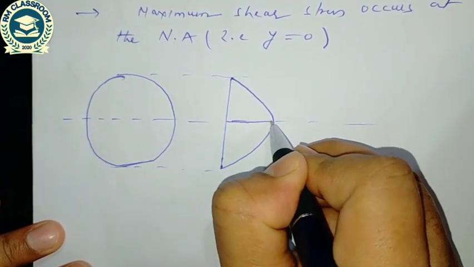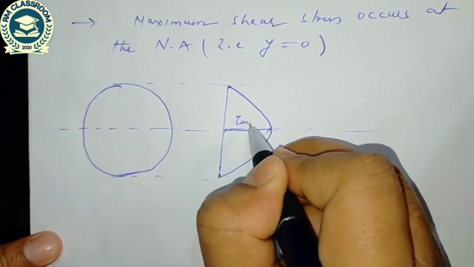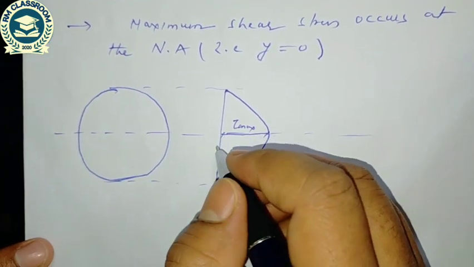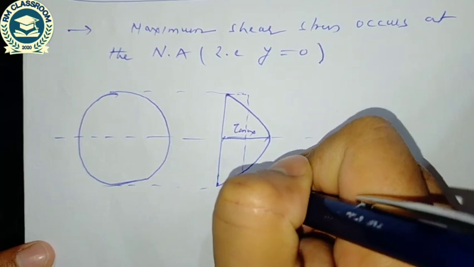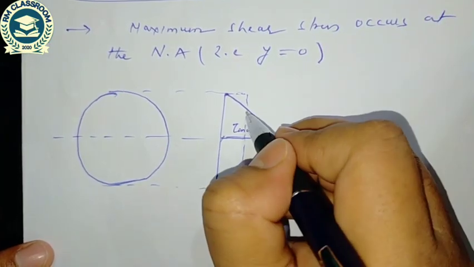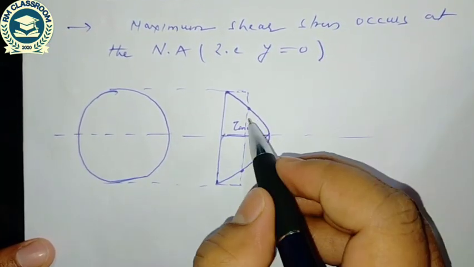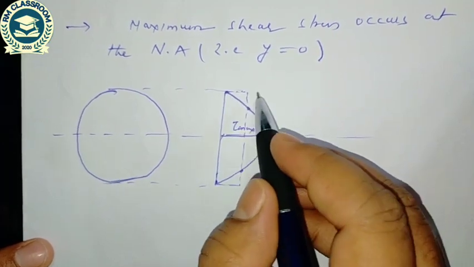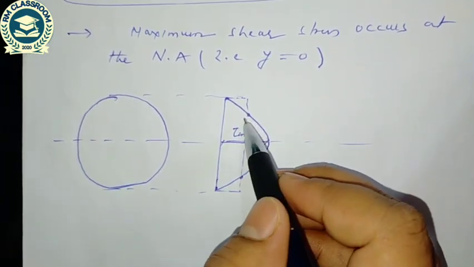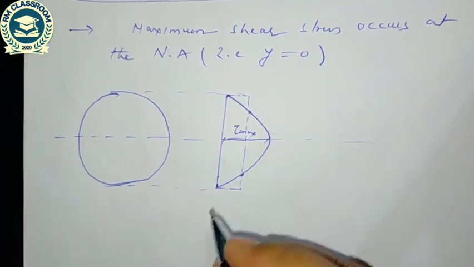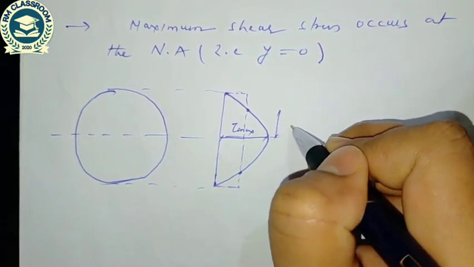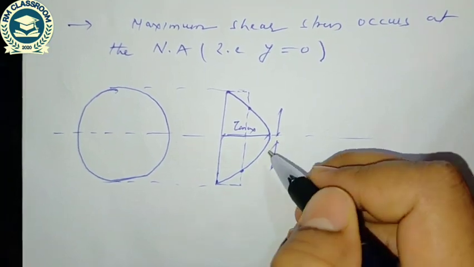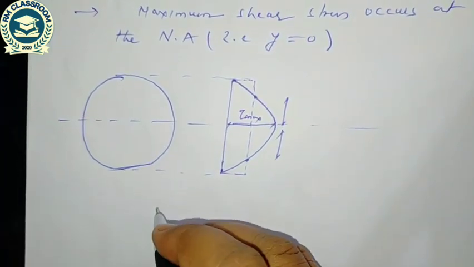So this value is the maximum shear stress, and there should be an average shear stress. So we have to compute this point, at which point from the neutral axis the average shear stress is equal to the normal shear stress. So this distance we have to compute.